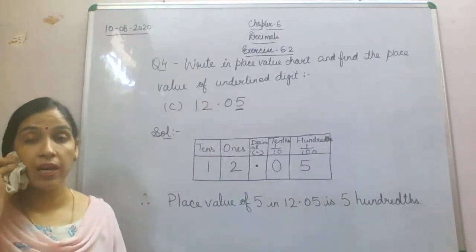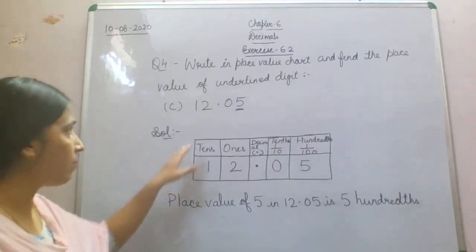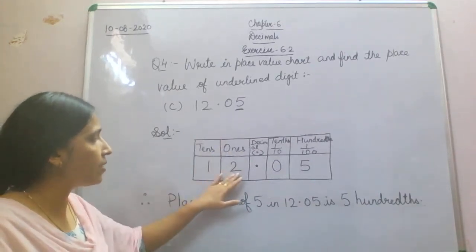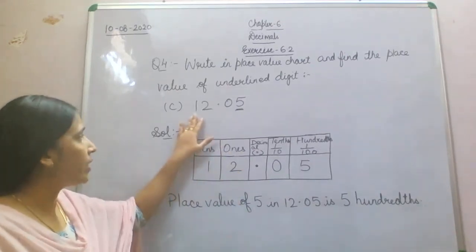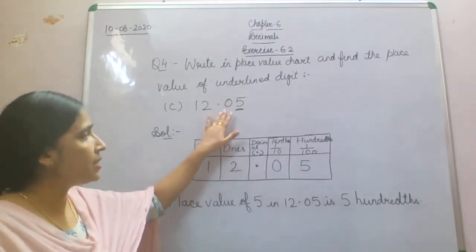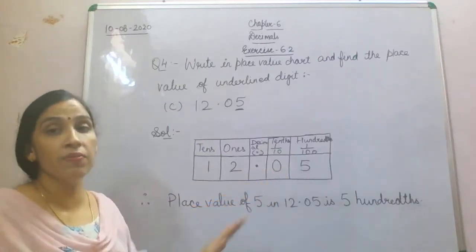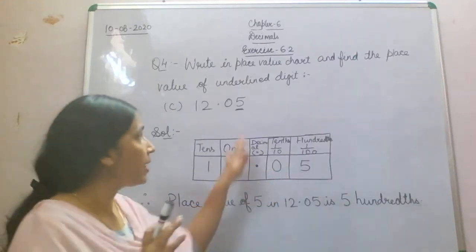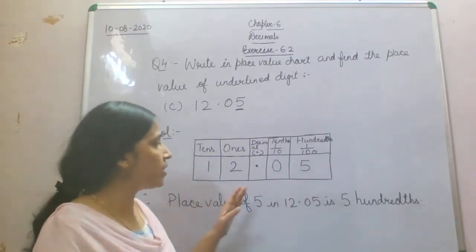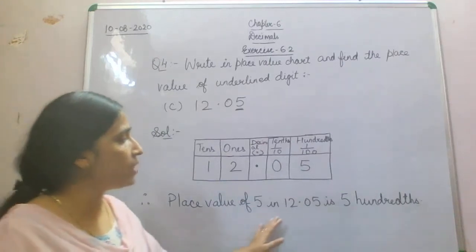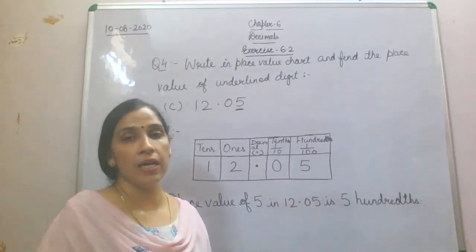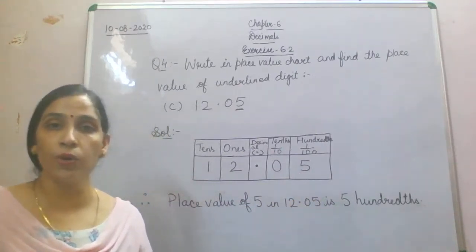Using the place value chart, you represent the given number. 2 is on ones place, so we write 2 on ones place. 1 on tens place, then we put a decimal. Then 0 we write on tenths place because after the decimal that is the first place. Then 5 we write on hundredths place. So we write this 12.05. Now the place value of 5 in 12.05 is 5/100ths. So this is your C part.